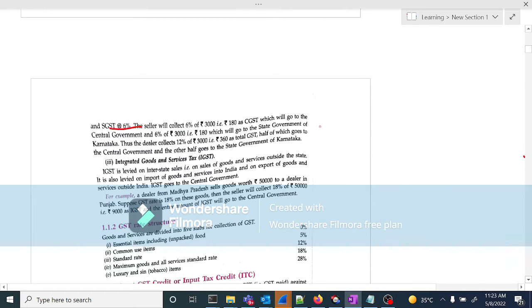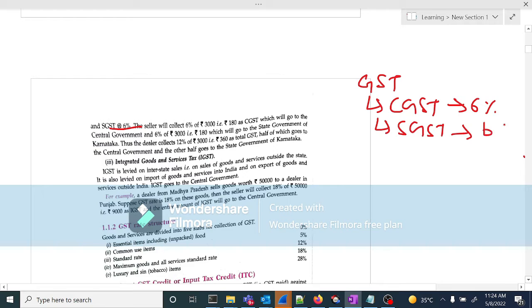I hope with this example it's clear that GST has two portions, CGST and SGST. 6% was going to CGST, 6% was going to SGST. In total we have 12%.